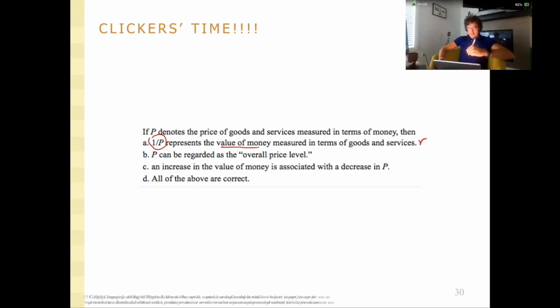P can be regarded as the overall price level. Yes. And an increase in the value of money is associated with a decrease in P. Yes. So the lower the amount of money for each good that is needed for each average transaction, the higher is the value of money. So the solution is D. All of the above are correct.